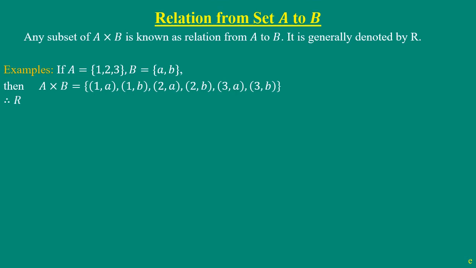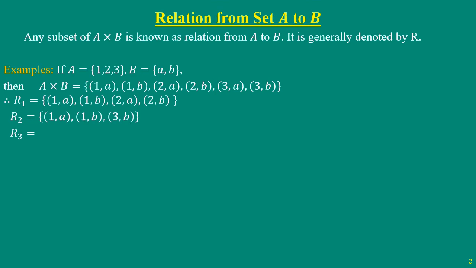Now R1 is equal to the set containing pairs (1, a), (1, b), (2, a), (2, b). And similarly R2 is the set containing ordered pairs (1, a), (1, b), (3, b). And R3 is the null set.